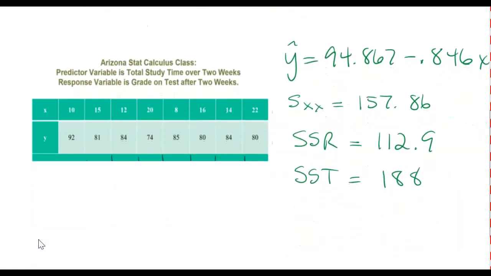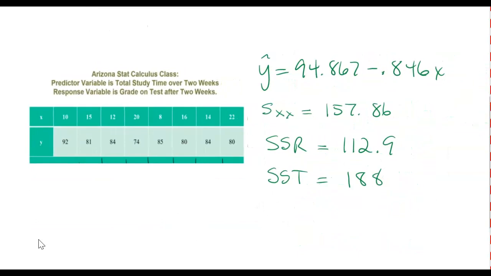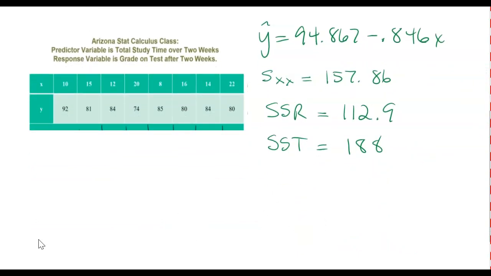Let's go back to that data we were working on in the other lessons. This had to do with the study time over 2 weeks. X represents study time and Y is the response variable, which is your grade on the test.